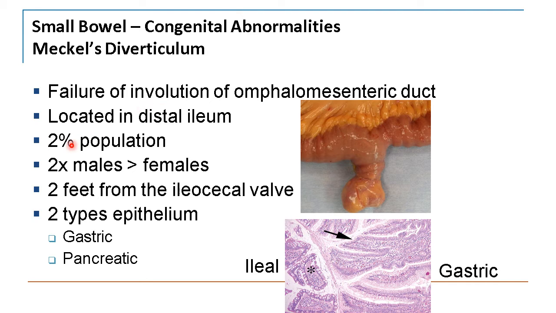It has a rule of 2, because 2% of the population can present with Meckel's diverticulum. It is more common in males by 2 times than in females. It is located 2 feet from the ileocecal valve, and it contains 2 types of epithelium: gastric and pancreatic.